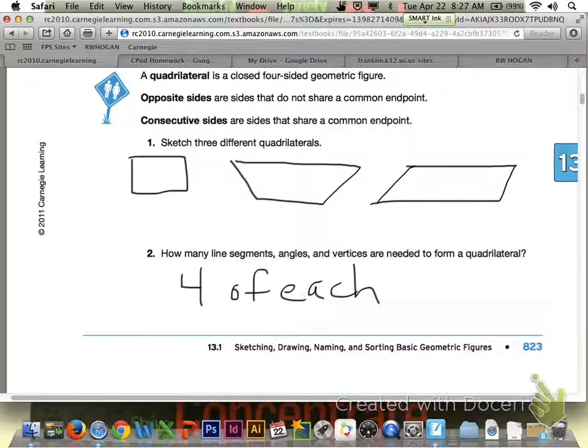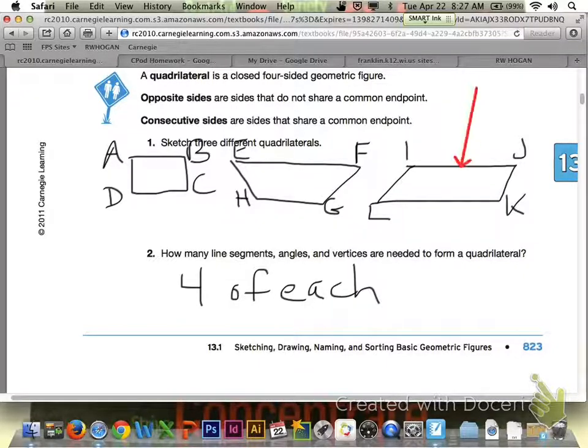Here are 3 of my sketches for the 3 different quadrilaterals. If you take a look at number 2, and hopefully you saw this as you were sketching them, you are going to have 4 of each: line segments, angles, and vertices. Here would be your line segment 1, 2, 3, and 4.